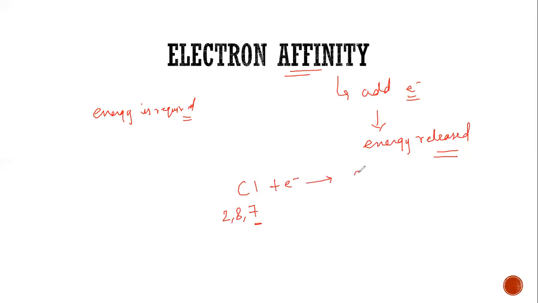When it gains one electron, it gets a negative charge and becomes a negatively charged ion, and its electronic configuration is now 2, 8, 8. To gain this one electron, the chlorine atom releases some energy, and that energy is known as electron affinity.